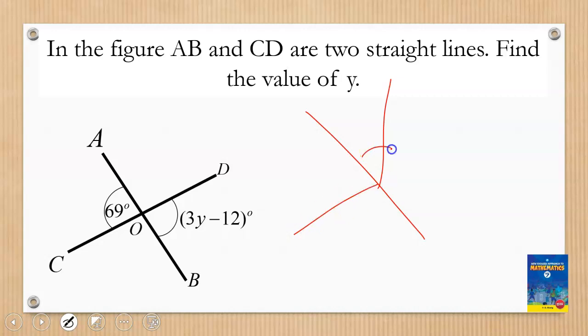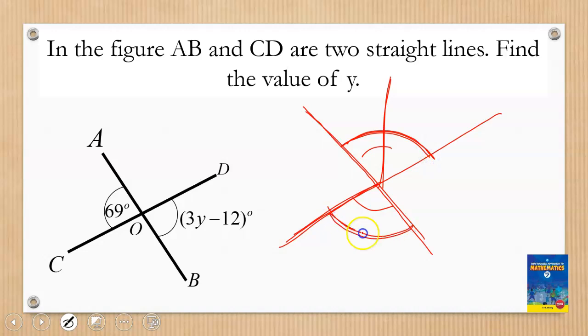Take note that this cannot be vertically opposite to this, because though this line is a straight line, this one and that one don't make a straight line, so it won't work unless I pull this one like this. When it's happening this way, then I can see the whole of this angle. Can you see that the whole of this angle is vertically opposite to the whole of that angle?